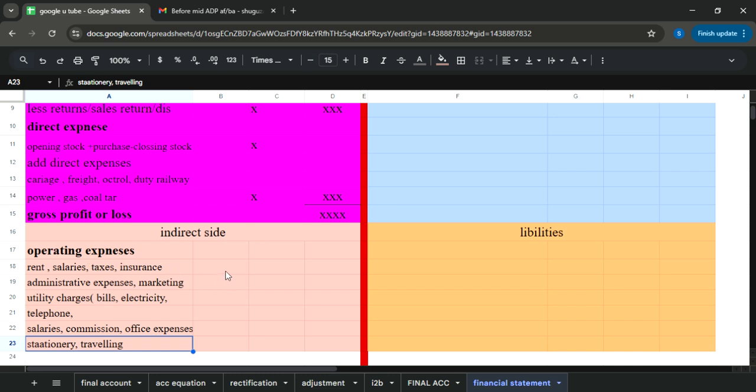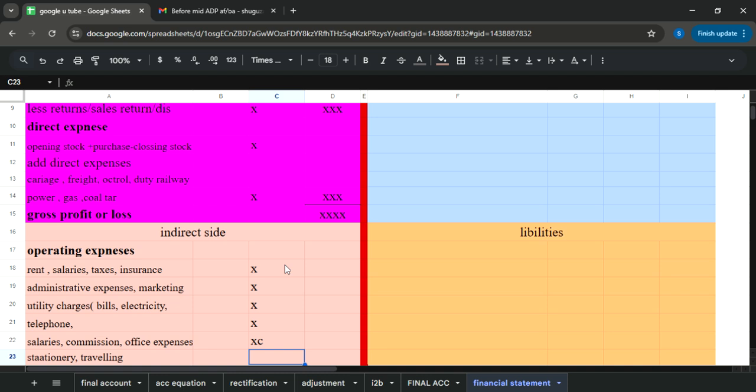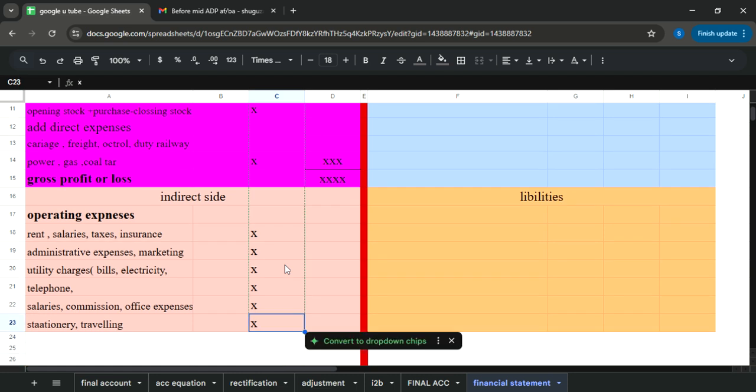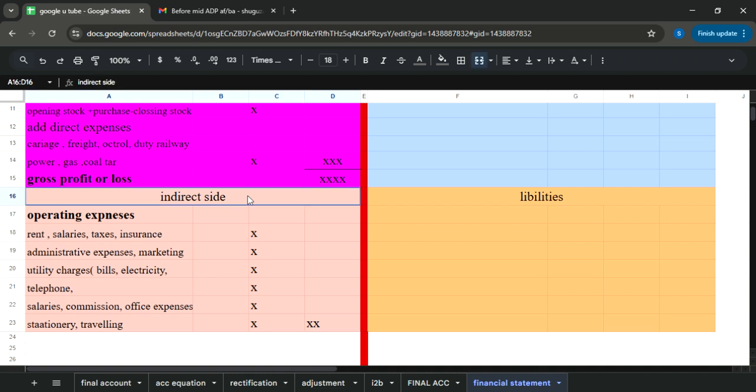What you will do, you will make a list over here of all these different types of expenses, and finally the sum of these expenses you will be writing over here. Now please note it down. Gross profit or loss was already calculated and you are now concerned with your indirect side.